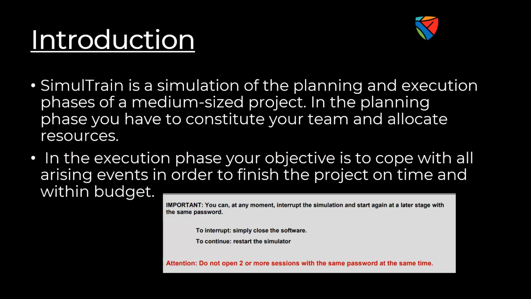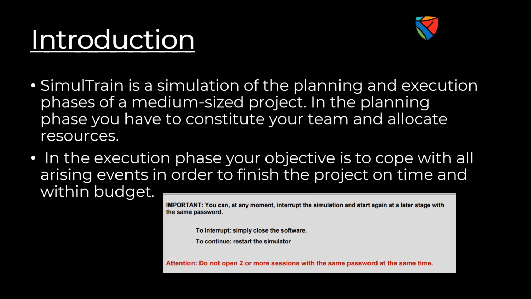Simultrain is a simulation of the planning and execution phase of a medium-sized project. In the planning phase, you have to constitute your team and allocate resources. And in the execution phase, your objective is to cope with all the arising events in order to finish the project on time and within budget.